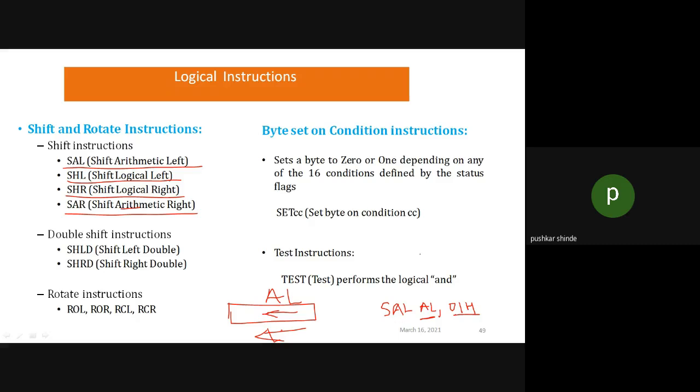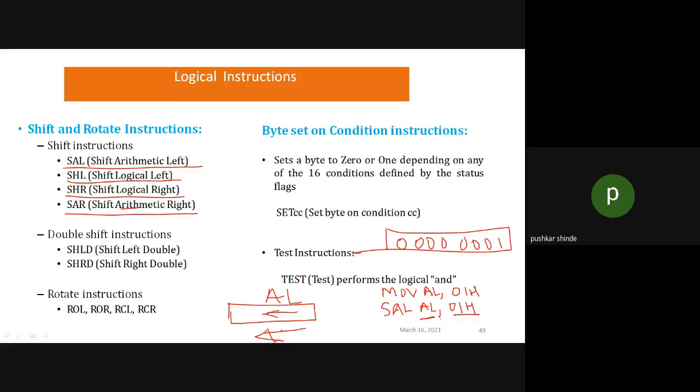For example, if I have, let's say, MOV AL, 0 1 H, what will AL contain? AL will contain 0 0 0 0 and 0 0 0 1.